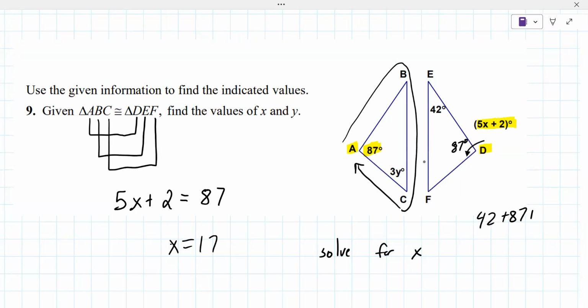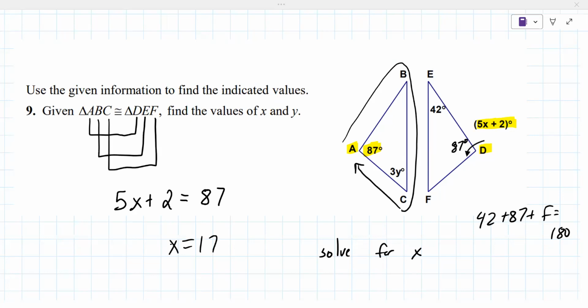It's 42 plus 87 plus the value of F equals 180. Try that one more time, please. 59.